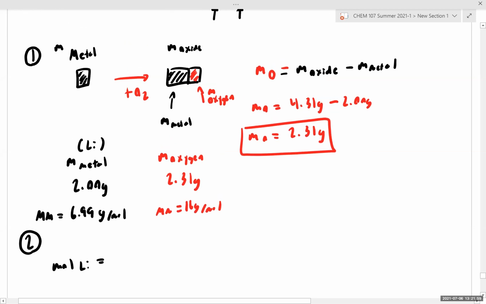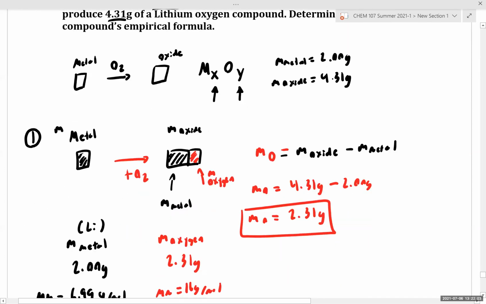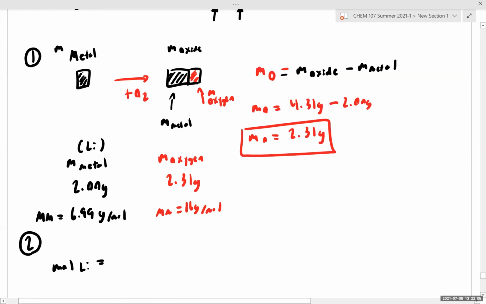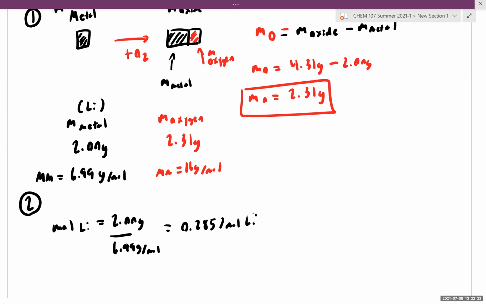In this case, our metal was stated in the problem to be lithium. So we can calculate the moles of lithium by taking the mass over the molar mass. So 2/7, we have 0.2857 moles of lithium.